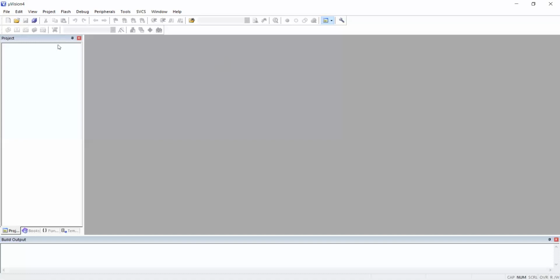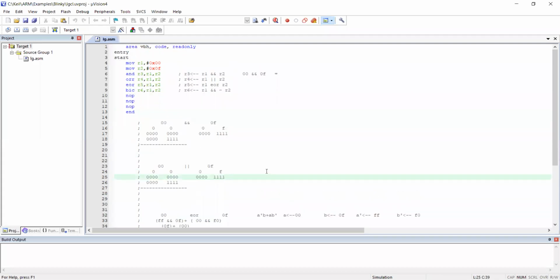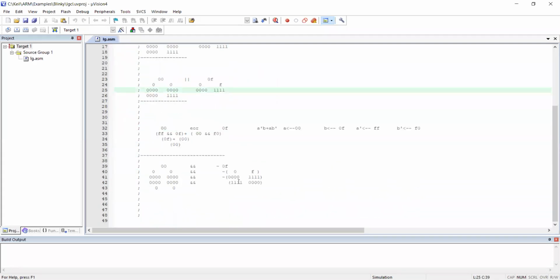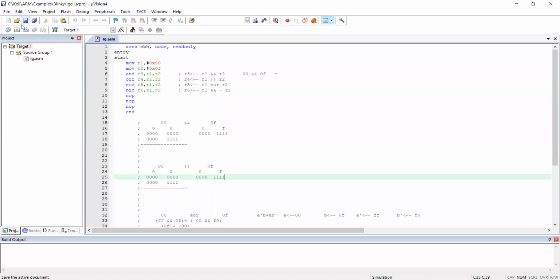Project, open project. I have prepared this already. So logical instructions, and these are the numbers I took. I tried to type the same explanation, whatever I gave you. Okay. So answers, let's check now.